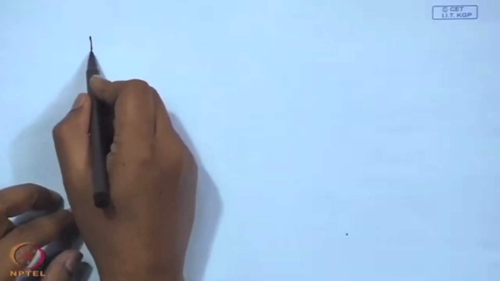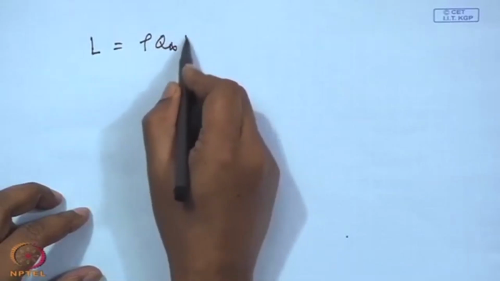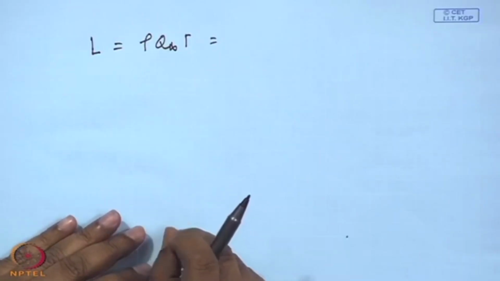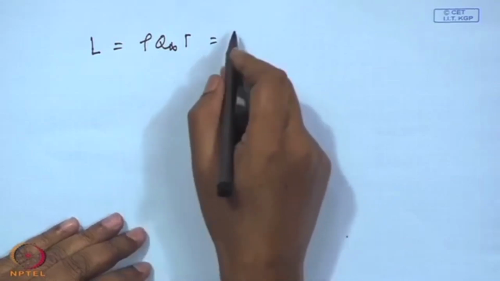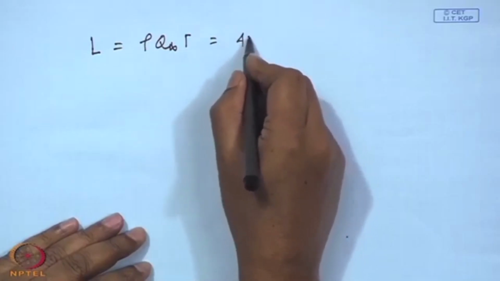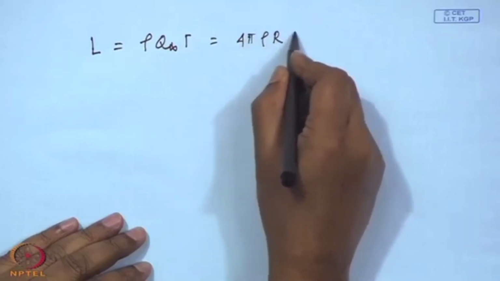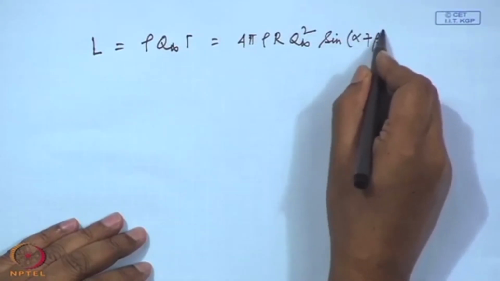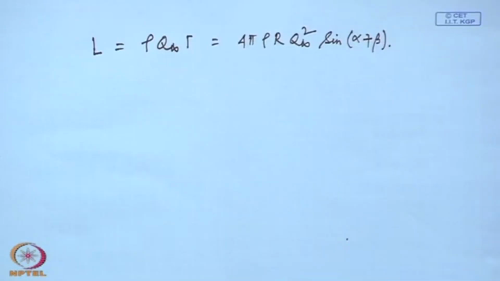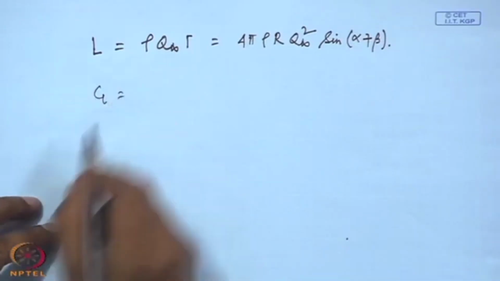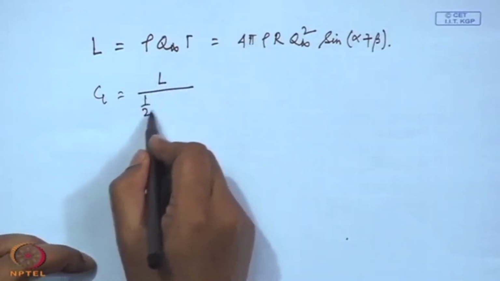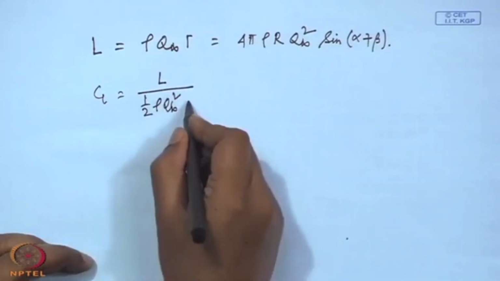Now, of course, we can find what will be the lift force. Lift force is, and the lift coefficient for the airfoil of course is the lift by half rho q infinity square into c.